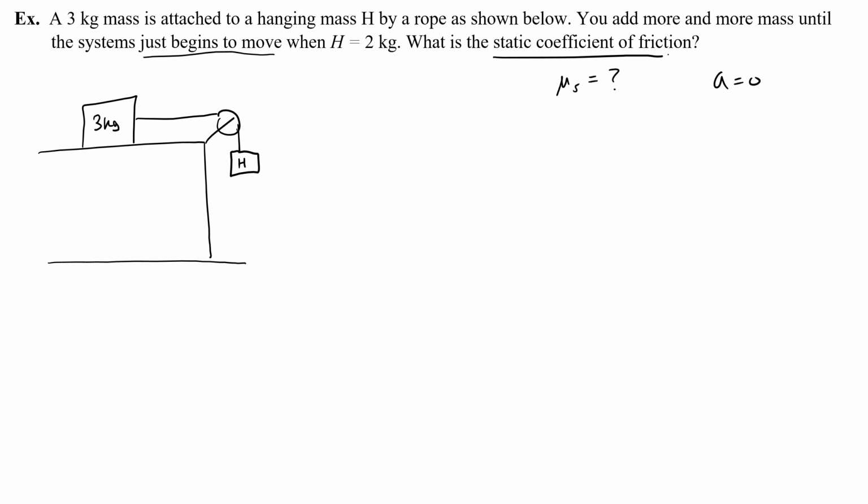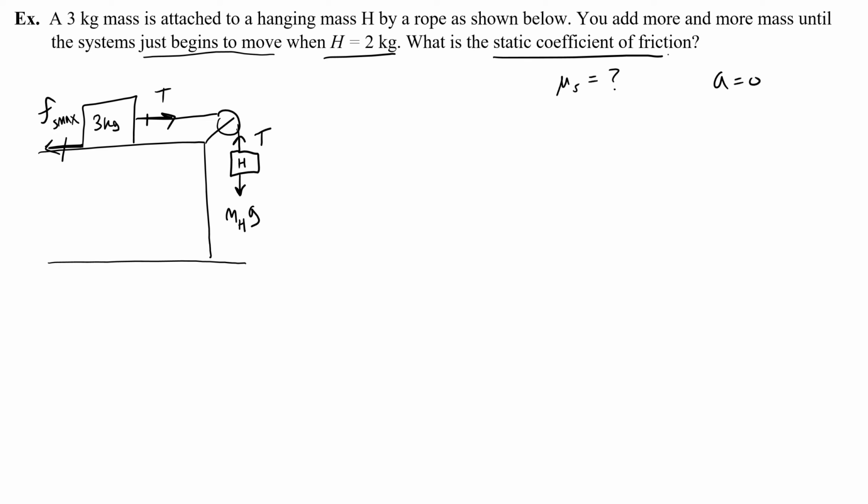So the 3 kilogram block is going to have tension to the right, and also some friction between the surface acting back, which we are going to call Fs. The maximum static friction force, we can call that F max, is equal to the tension at that last moment when H equals 2 kilograms. Then I think about the hanging mass, and I know the tension T is going to be equal to the weight, mH times g.